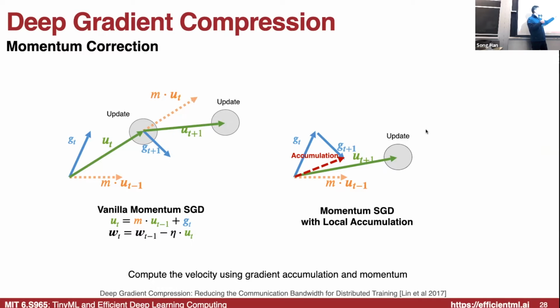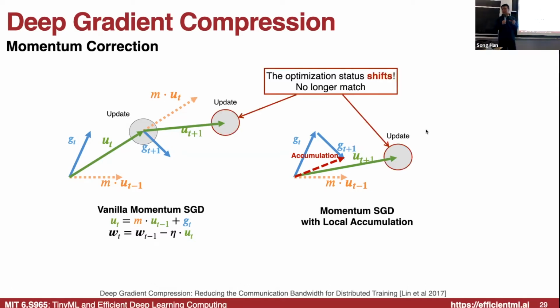It didn't get pruned, so it will be added with the momentum, and this is the final result, which is different from if it didn't get pruned but updated twice. So the optimization status will shift. They no longer match. So we don't want that situation to happen.